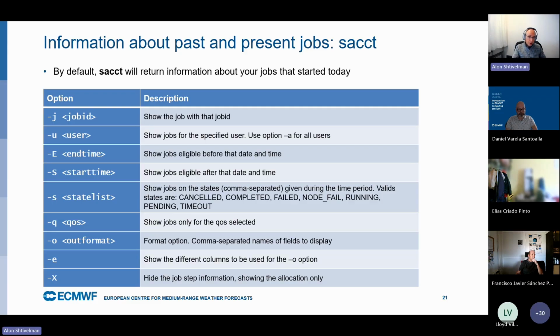Once your job is finished, you can obviously check its logs, the output files, the standard output and standard error, which you can redirect to the same file or to two separate files.